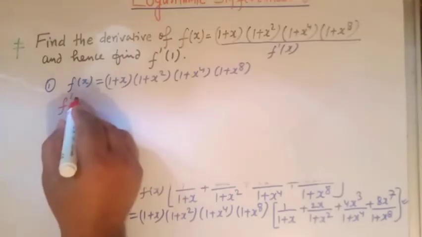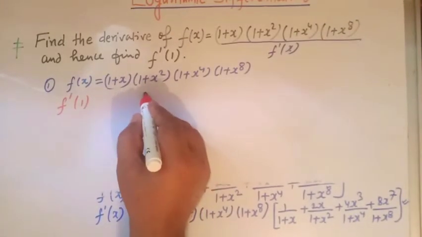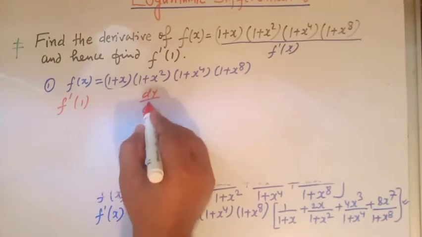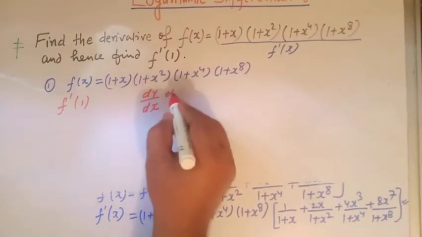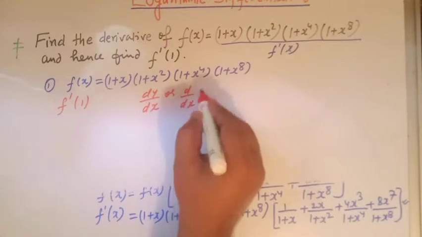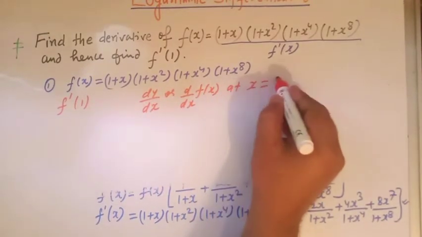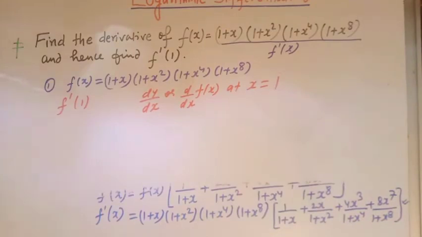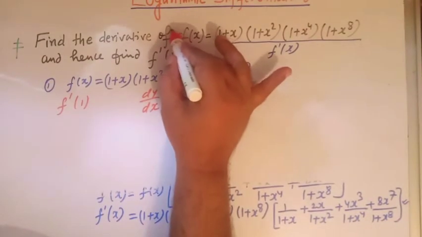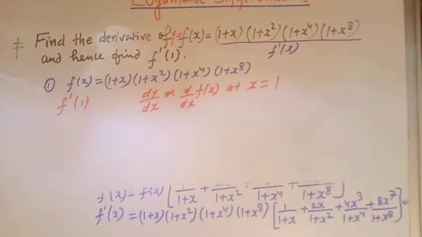So f prime of 1 means we have to find the value of dy/dx or d/dx of f(x) at x equal to 1, right? So let us assume this function as y. So what we will do, we'll substitute x equal to 1 in this expression, right?